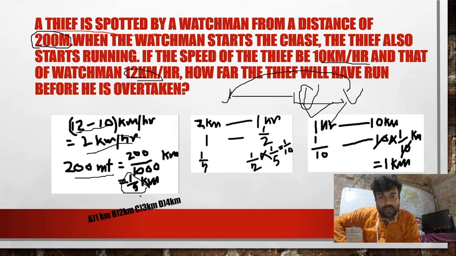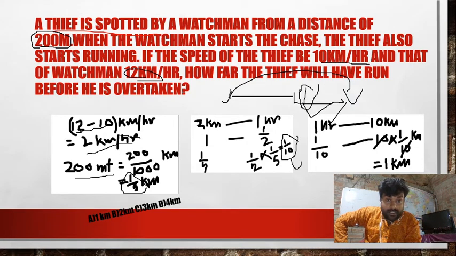Two kilometers takes 1 hour, so 1 kilometer takes 1 by 2, and 1 by 5 kilometer takes 1 by 10 hour. So in 1 by 10 hour the watchman will catch the thief.